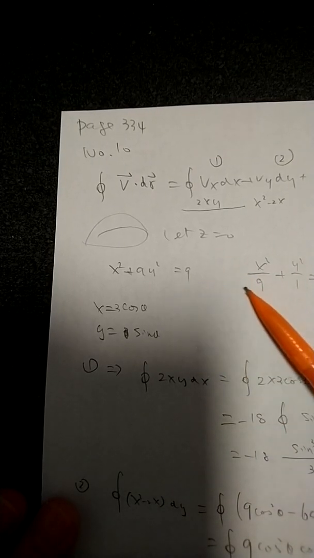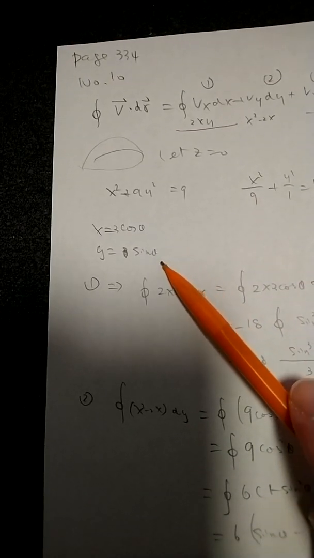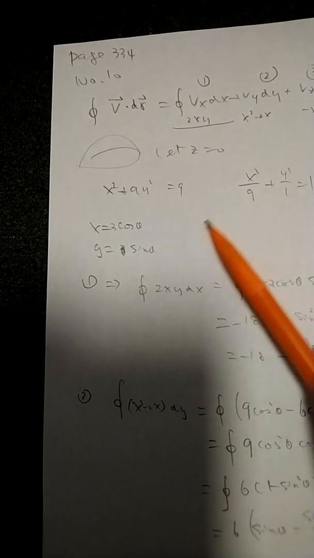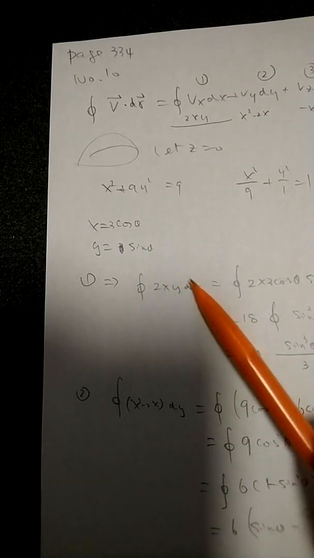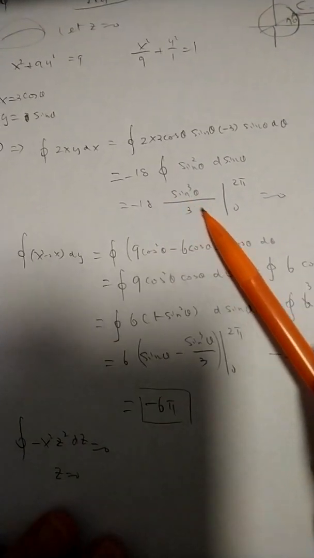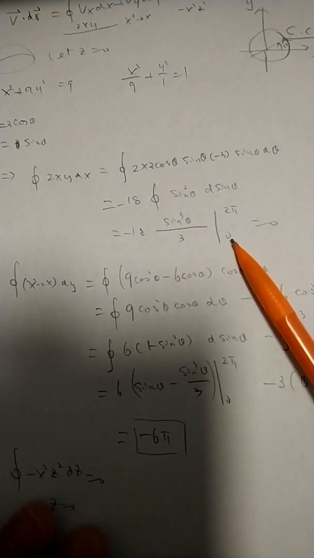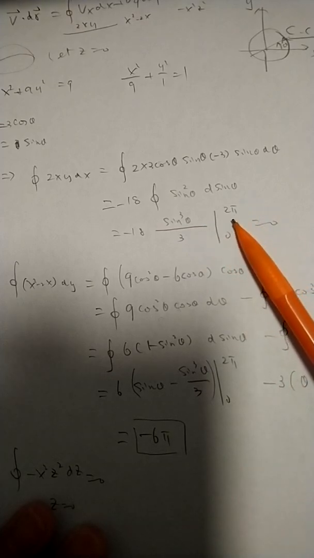So now my line equation looks like this. Same trick, I replace them with polar coordinates, and I have 3 cosine theta along the x direction, and y is just sine theta. So that's all I need. Then substitute the entire thing into the equation, and do the integral. You see now we start from theta 0 all the way to 2 pi.